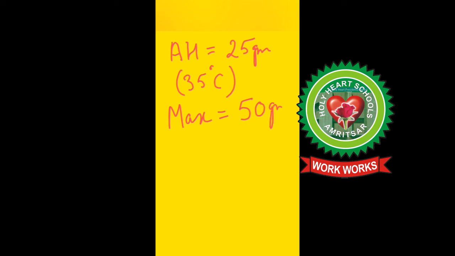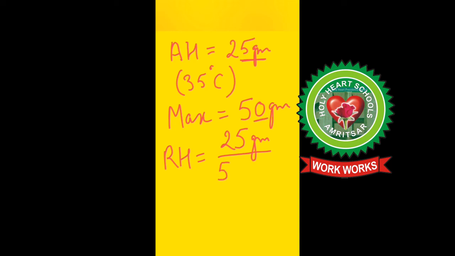So, by using the formula, we can calculate that relative humidity of the air is equal to the actual amount of humidity that is 25 gram which is present in the air upon maximum humidity that it can hold, that is 50 gram.